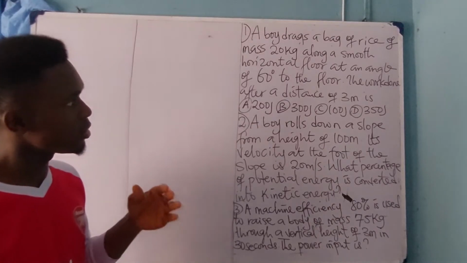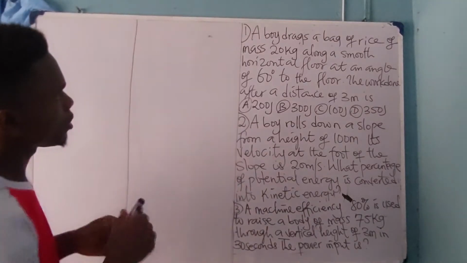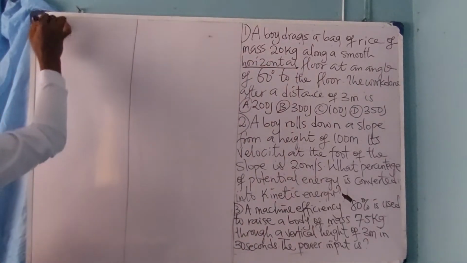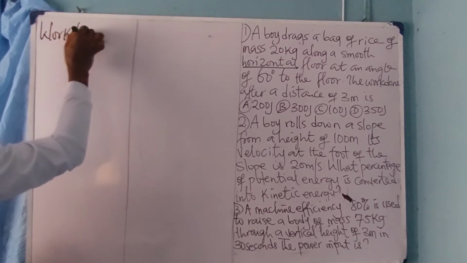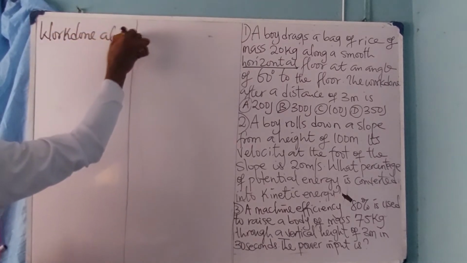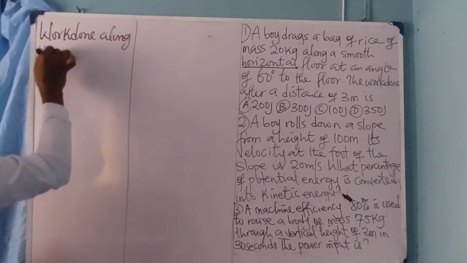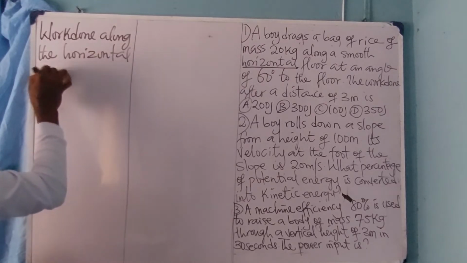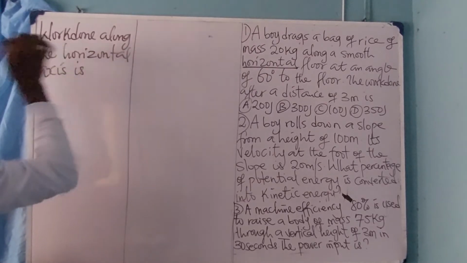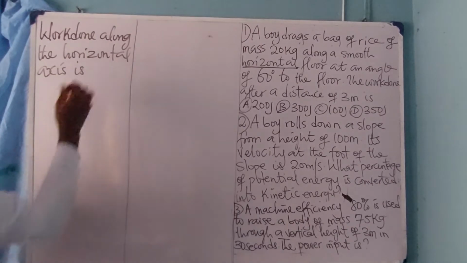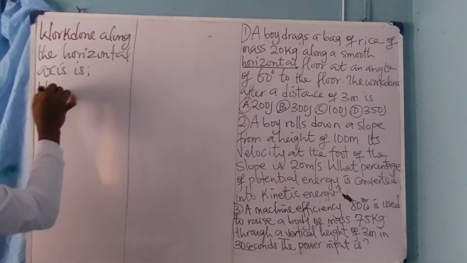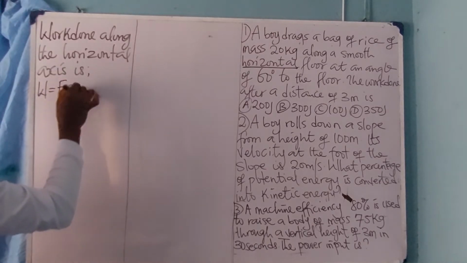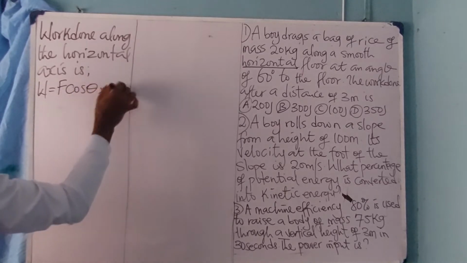work done along the horizontal axis is F cos theta times distance.